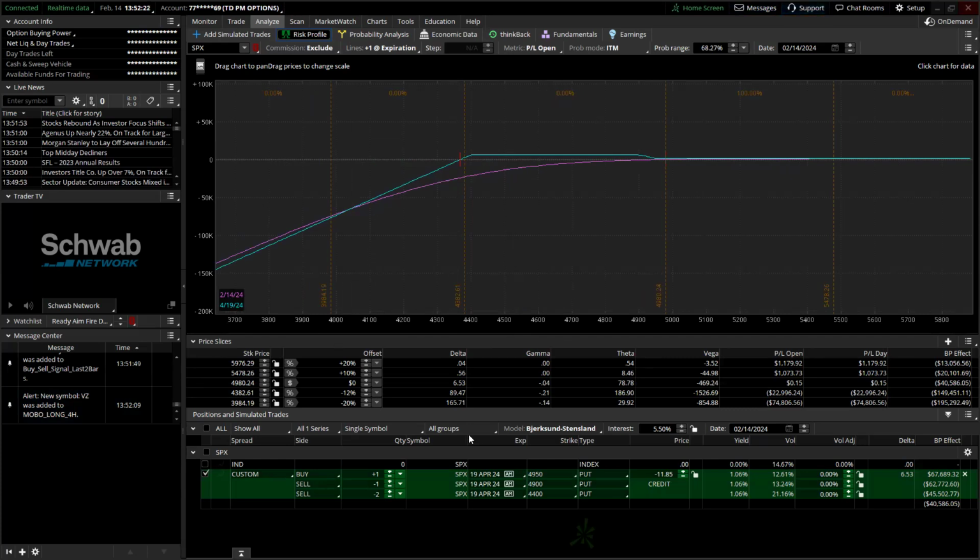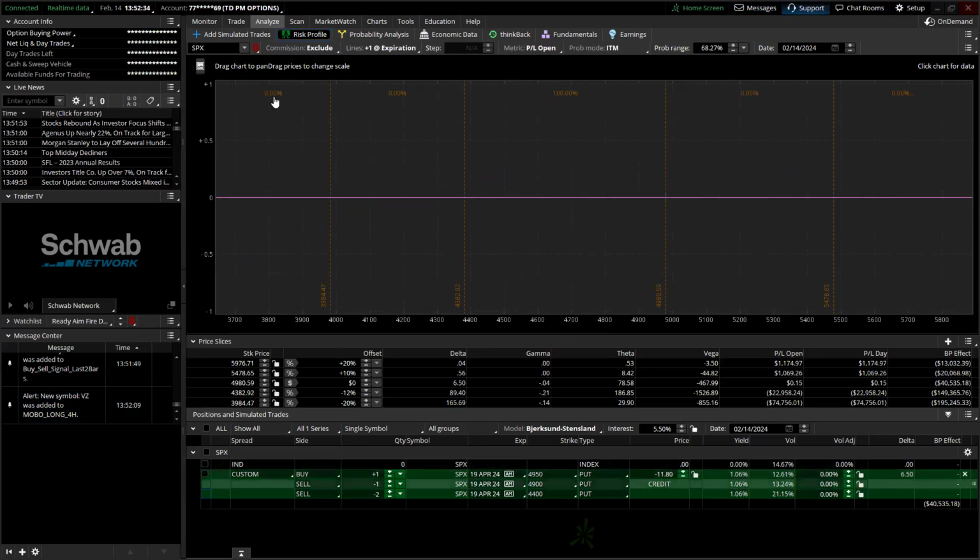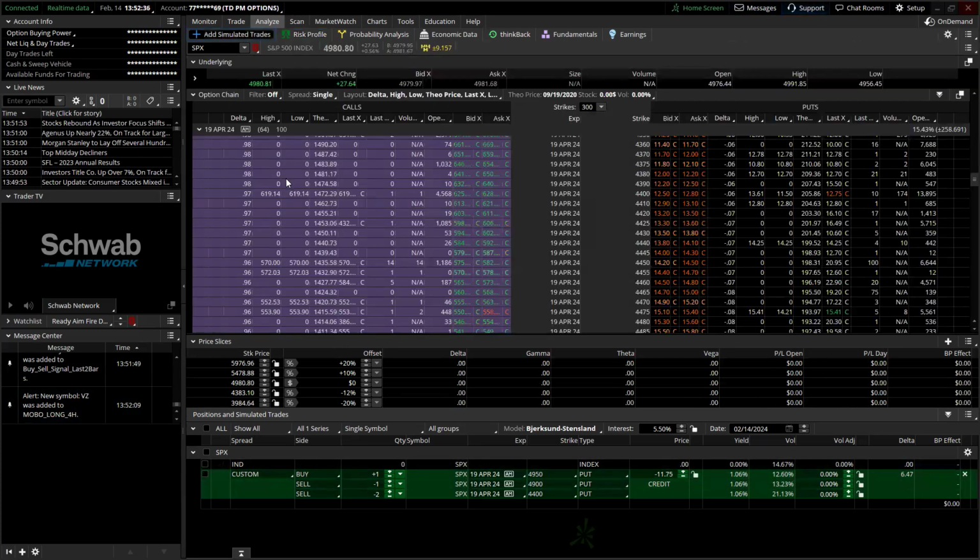So now we're going to look to structure a trade that is a defined risk bear trap. You know what, I'm not going to get rid of this. We're just going to build a different trade. So we're still going to use the same expiration cycle, 64 DTE.